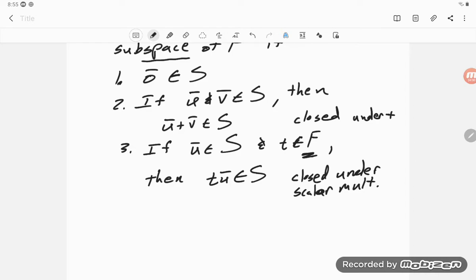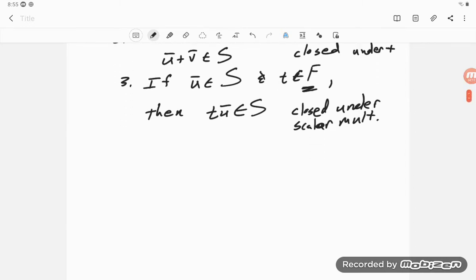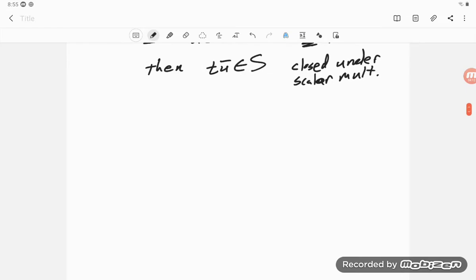Now, what are some examples? Well, our examples include some very important ones.